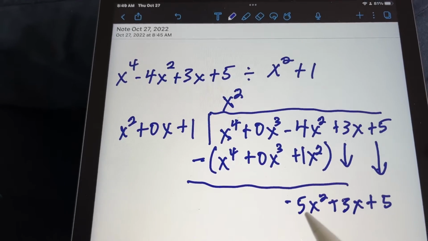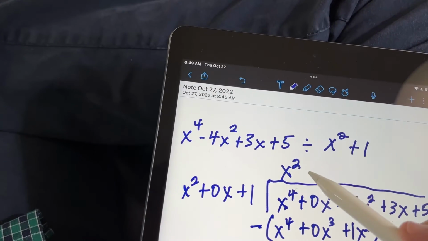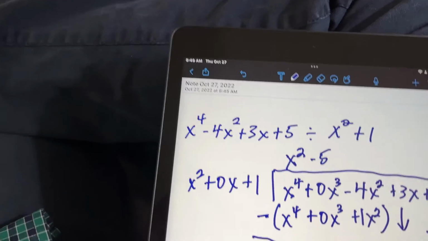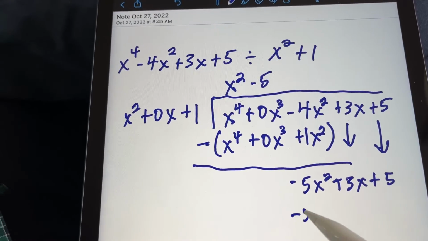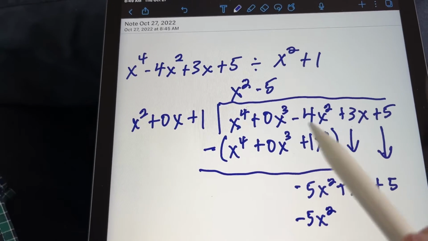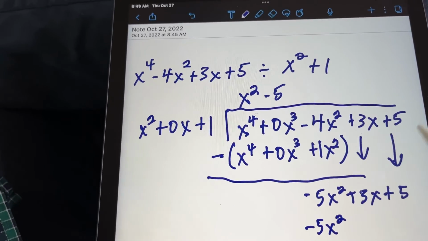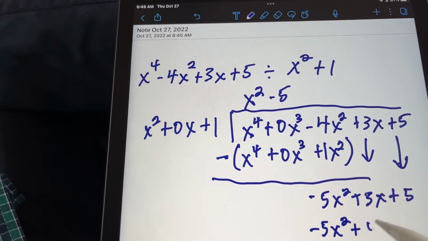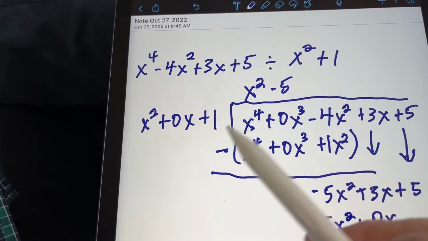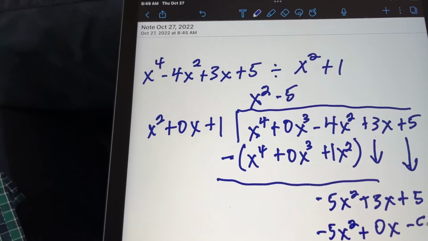Well, that's going to be negative 5. So negative 5 times x squared is negative 5x squared. So I do that. And then also I have to do negative 5 times that. So that's 0x.